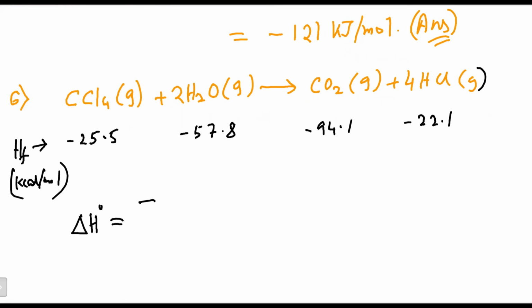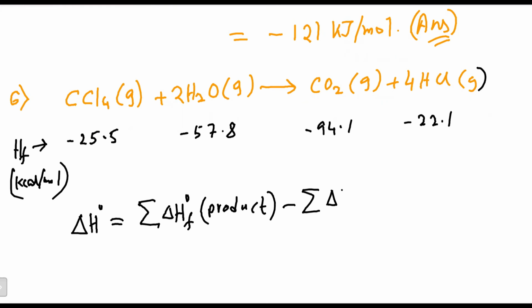Now, for determining the delta H naught, standard enthalpy change for the reaction, you have to use this formula: summation of delta H naught formation of the products minus summation of delta H formation of the reactants.